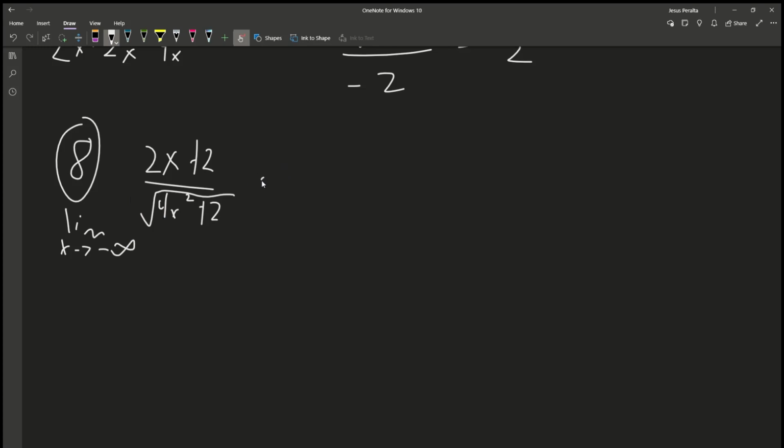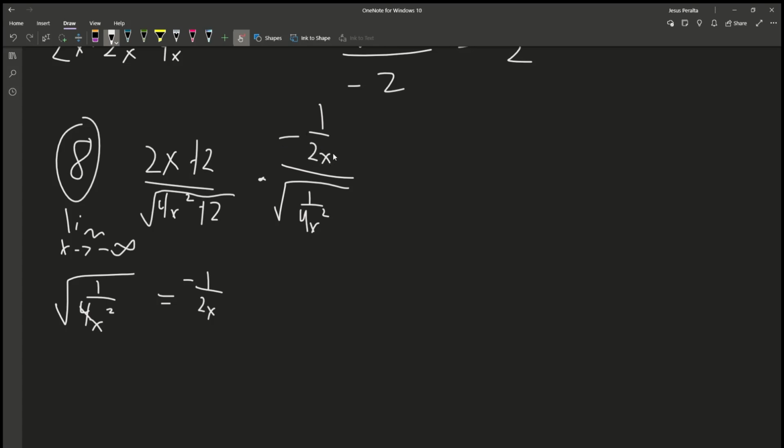So then we are going to multiply. We have this big square root of 1 over 4x squared, which is also equal to 1 over 2x again. But this is going to be a negative, so we're going to multiply, and since the square root is on the bottom, we multiply by 1 over 4x squared under negative 1 over 2x, actually.